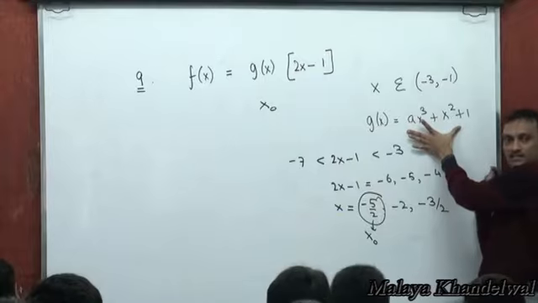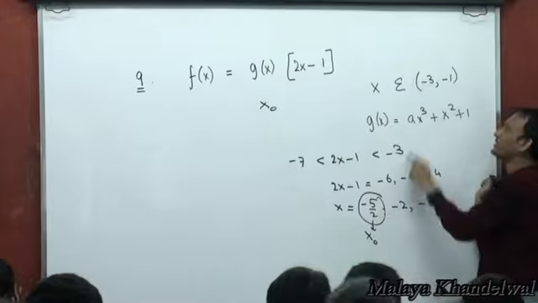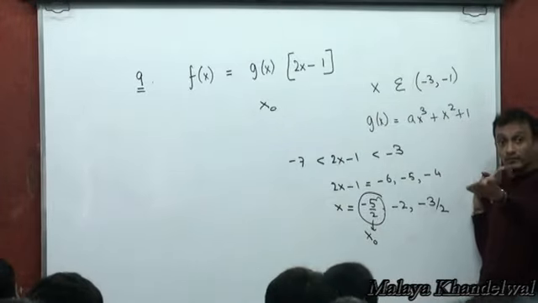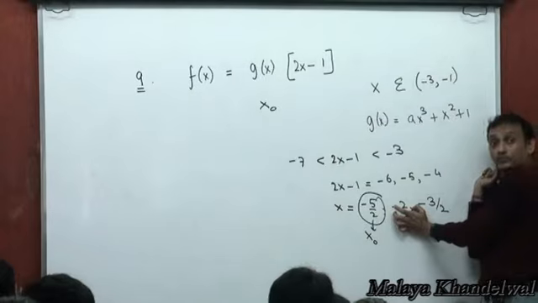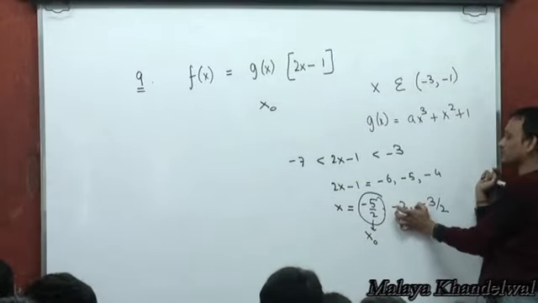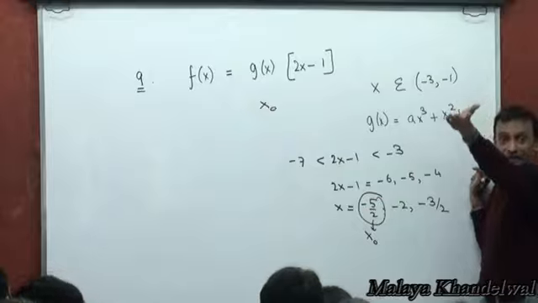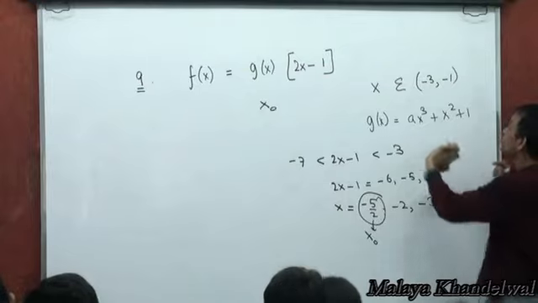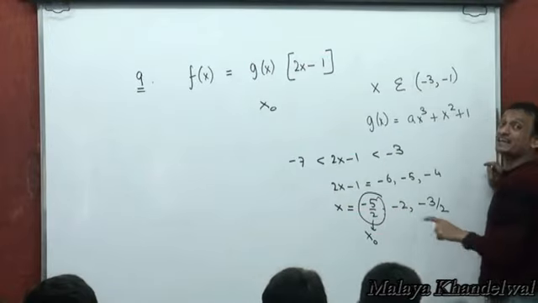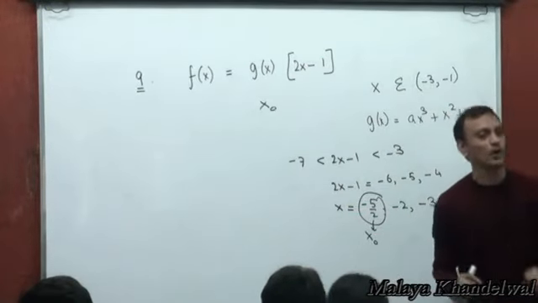Right? If it vanishes at this point, then you get a unique value of a. Then that's fixed. Then g(x) will not vanish at this value of x, because if it vanishes at this value of x, you will get another value of a. But a is a fixed number for a g(x).